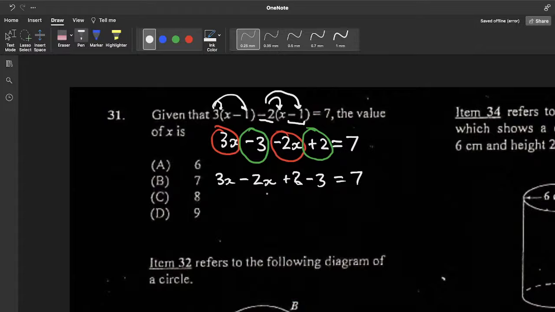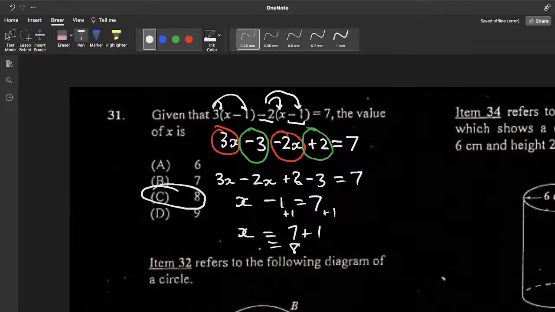When I do 3x take away 2x, I'll end up with x. Plus 2 take away 3 is minus 1, which is equal to 7. If I want to get the x by itself, add 1 to both sides. So x is equal to 7 plus 1, which is 8. So our answer in this case is 8.